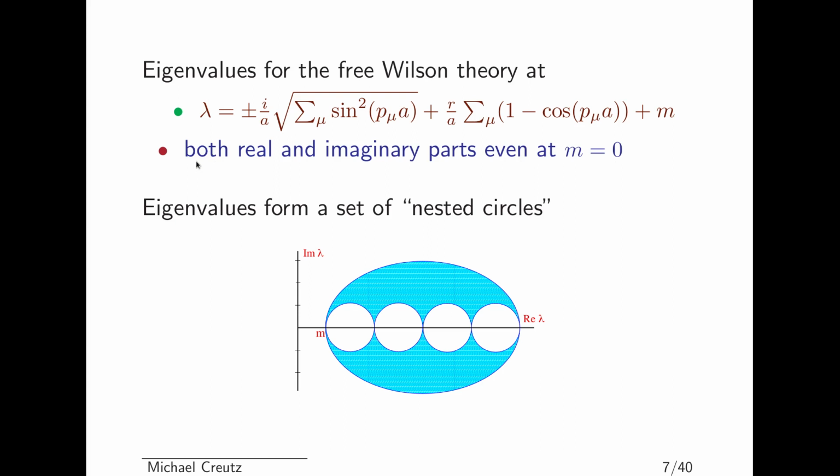Oh, I'm sorry, there are both real and imaginary parts even when the mass vanishes. This is different from the continuum, where the eigenvalues are always imaginary when there's no mass.